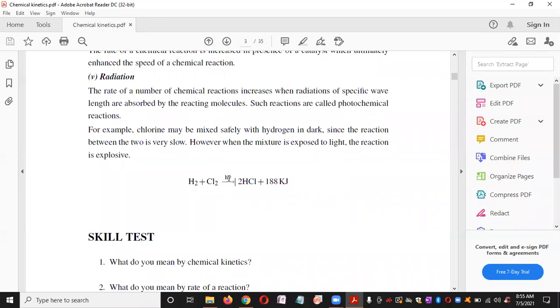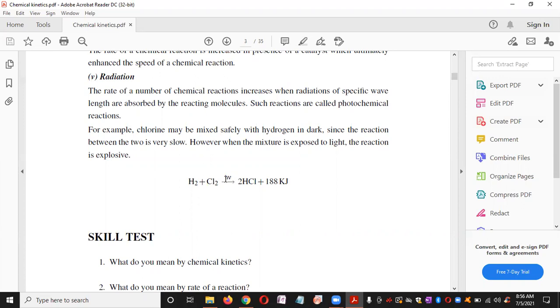For example, in a photochemical reaction, the h nu indicates the energy absorbed by the reactant molecule from radiation. E is equal to h nu, where h is the Planck constant and nu is the frequency. Frequency is the characteristic property of radiation.